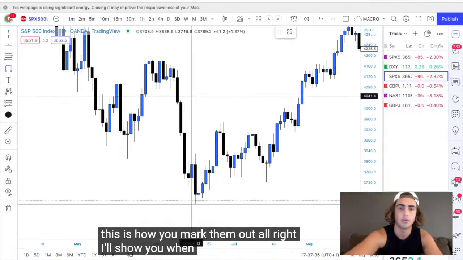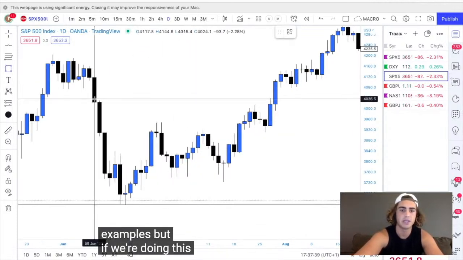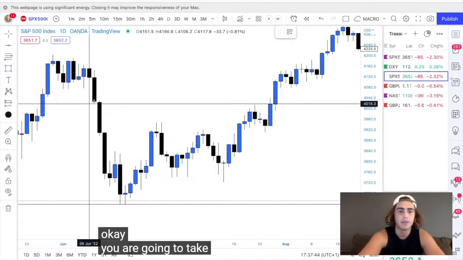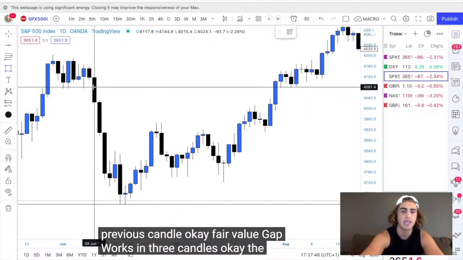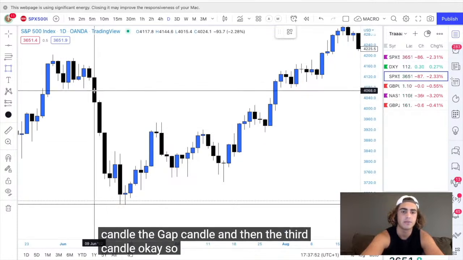I'll show you when we go into more examples, but if we're doing this candle, for example, you are going to take it from the previous candle. A fair value gap works in 3 candles, okay? The first candle, the gap candle, and then the third candle. So this is our first candle.